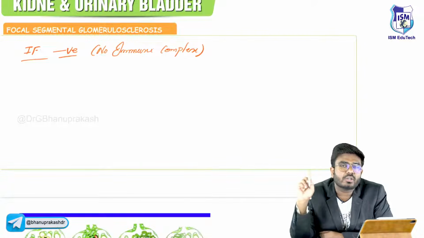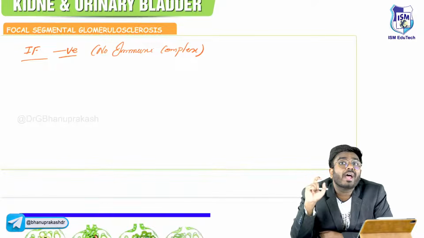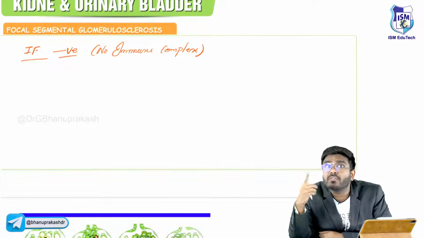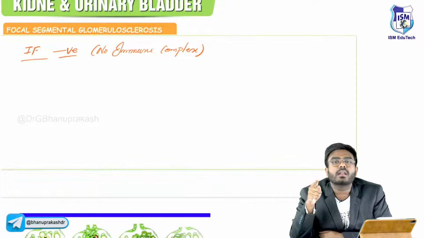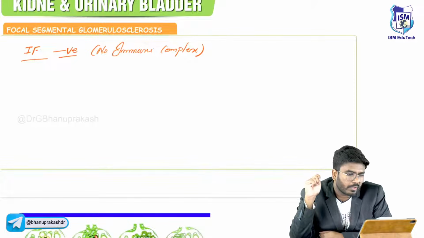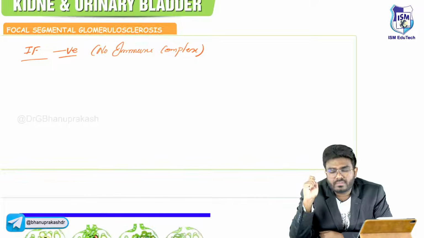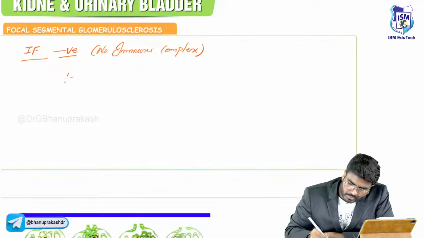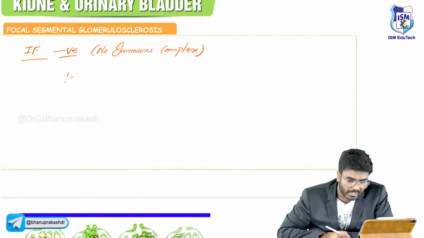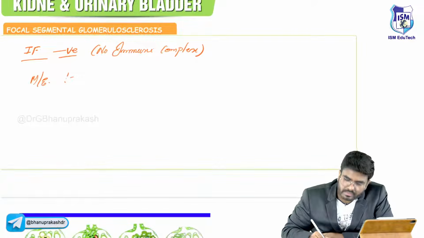Focal segmental glomerulosclerosis also, no immune complexes. Why am I saying this specifically? Because there are different types of nephrotic syndrome, other nephrotic syndromes you will study, which are due to immune complex deposition. Now what else will be seen under microscopic examination here?